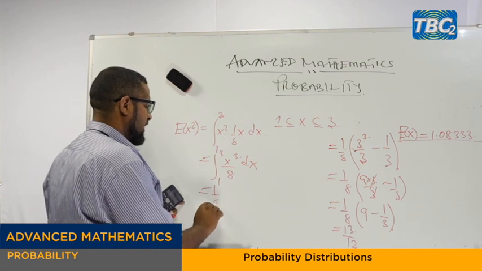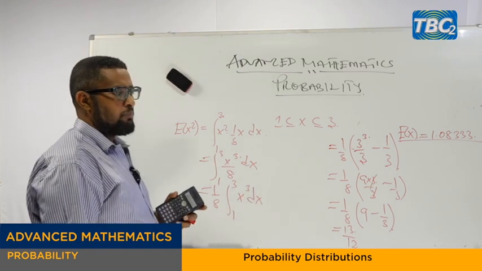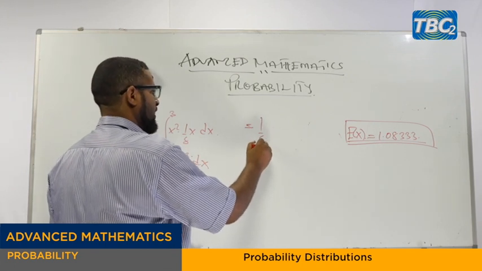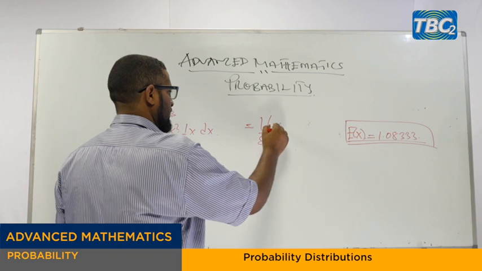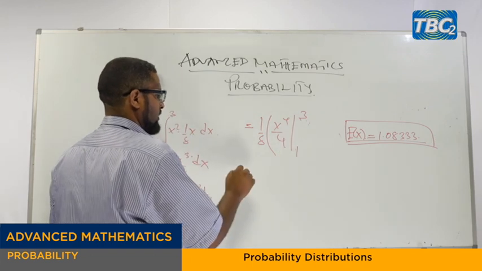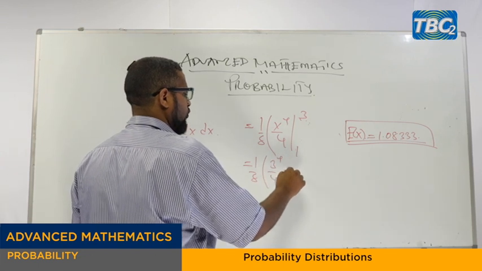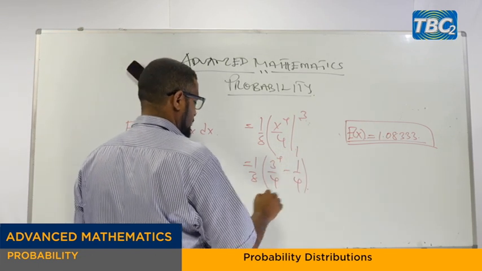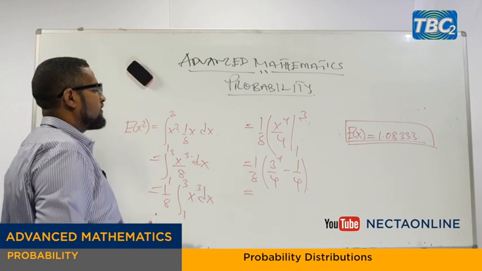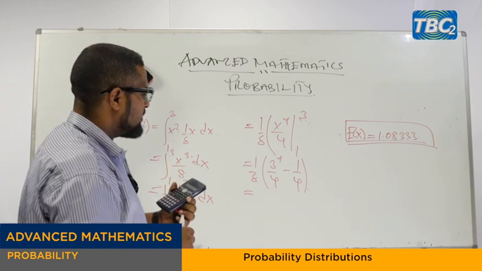Thereafter it is just simplification. The integral from 1 to 3 here is x power 3 over 8 dx. So 1 over 8 again out, 1 to 3, the integral of x power 3. When we integrate, we'll have 1 over 8 times x power 4 over 4 from 1 to 3. So it's 1 over 8 times 3 power 4 over 4 minus 1 over 4. 3 power 4 is 81.